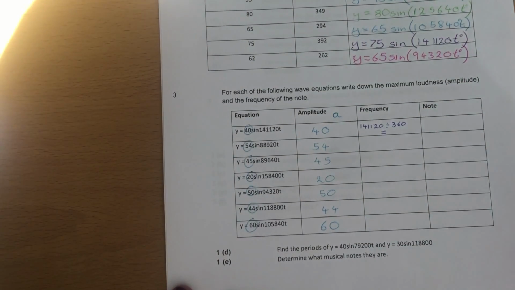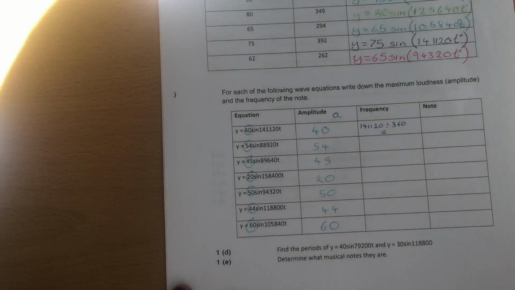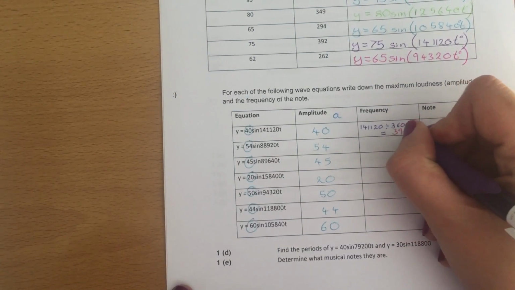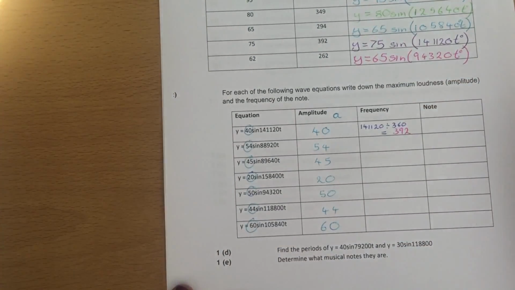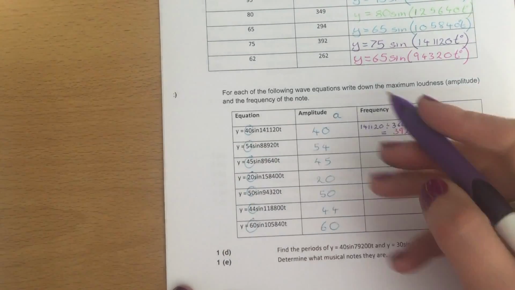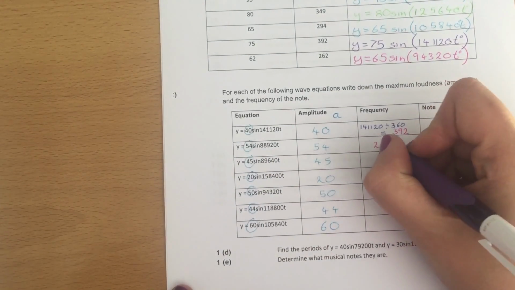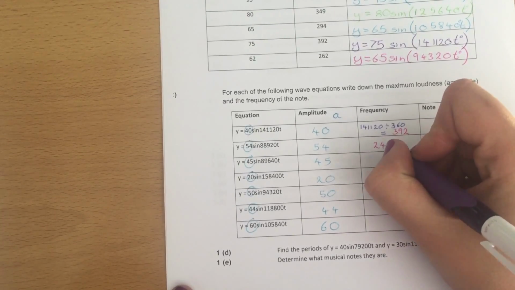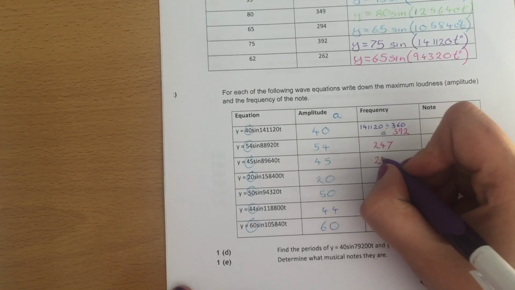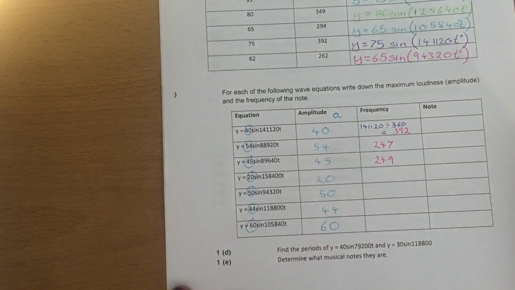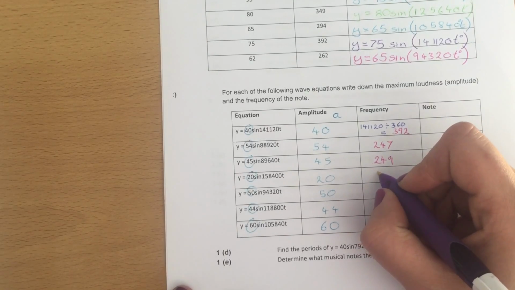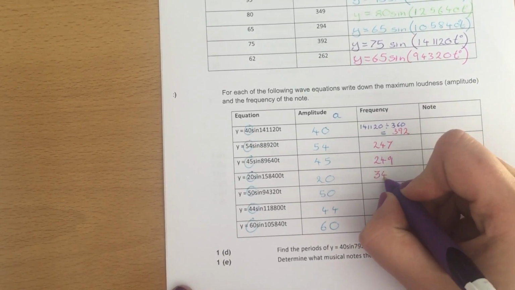So, first off, we've got 392. Number divided by 360 is 247. Then 249. Big number divided by 360 is 349.